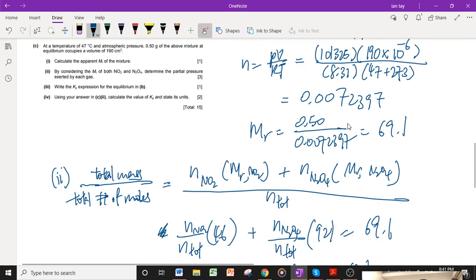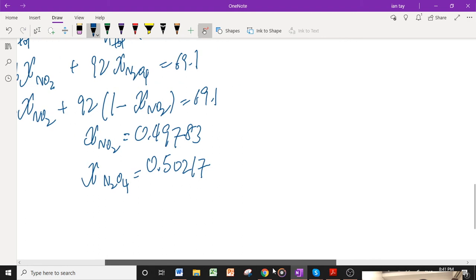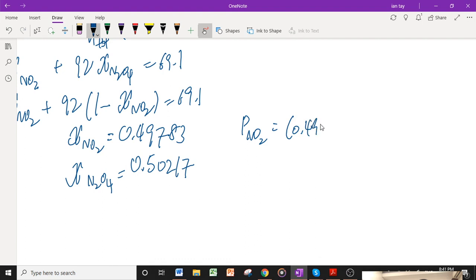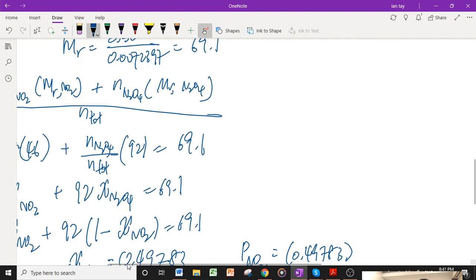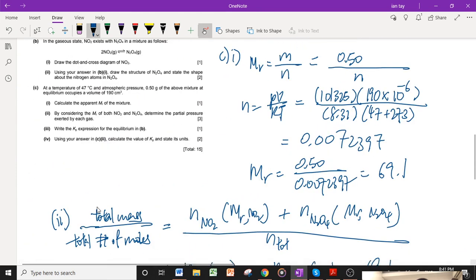Okay, wonderful. What did the question ask for again? It asked for the partial pressure exerted by each gas. So that is very easy. We are just one step away from the answer. The partial pressure of NO2 is simply the mole fraction times the total pressure. What's the total pressure again? It should be atmospheric pressure, 101325 pascals. Did they ask you in ATM or in pascals?